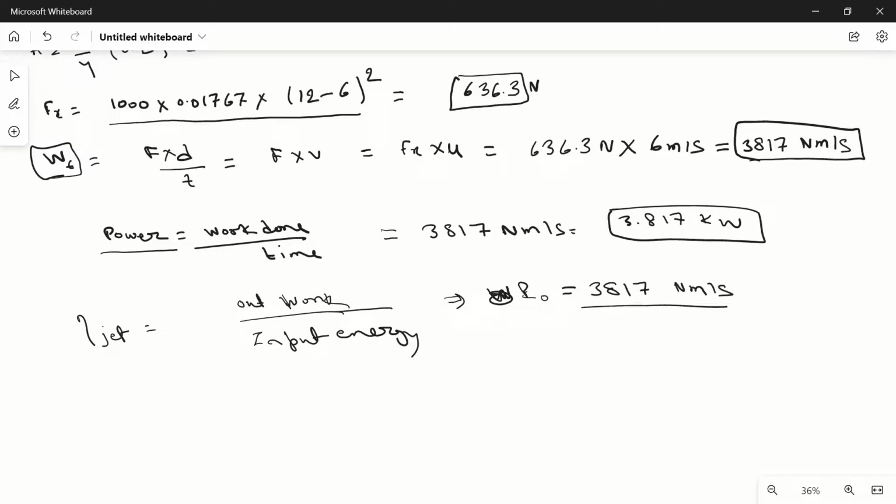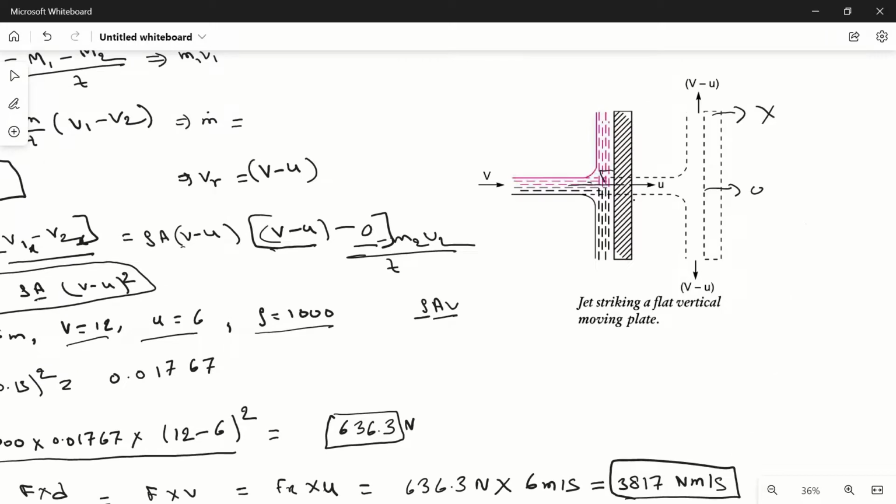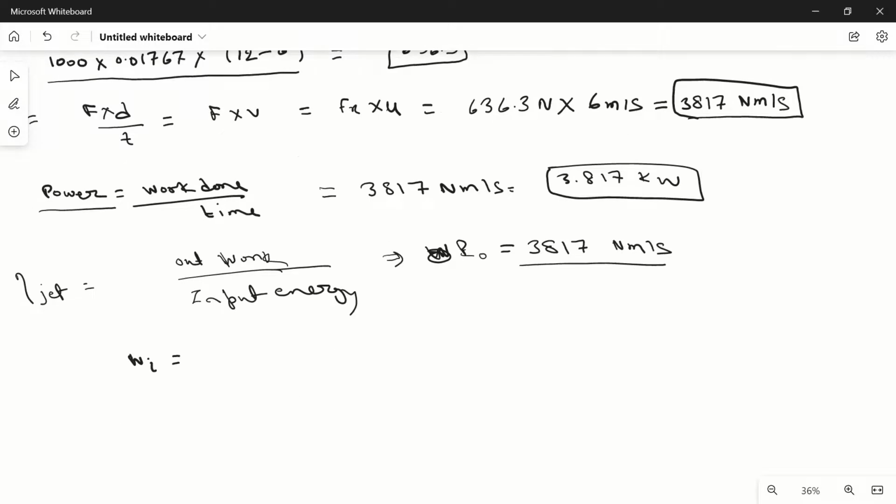This was energy output. So what will be energy input? Wi will be kinetic energy of this jet. This is the jet moving with velocity v, so its kinetic energy will be half m v square, where m we have already calculated as rho a v into v square. So it will be half rho a into v to the cube.